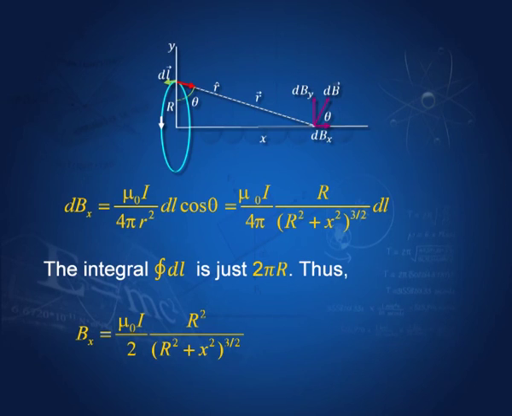The integral over phi, integral over d l is then just 2 pi r, and substitute that. So, we get b x is equal to mu 0 I by 2 r squared by r squared plus x squared raised to power 3 by 2. That is the field at this point.